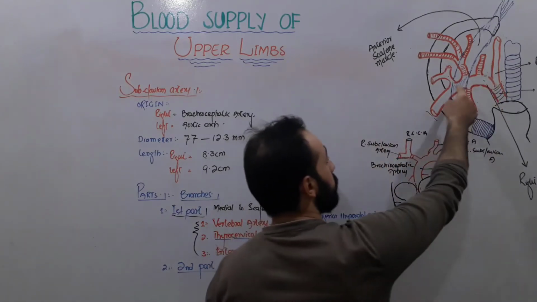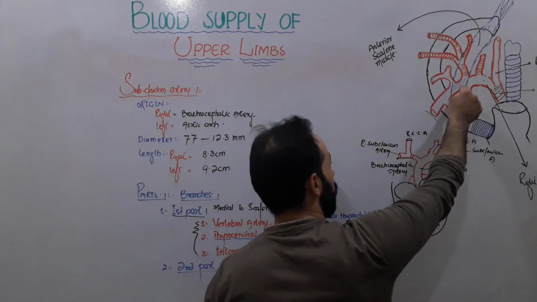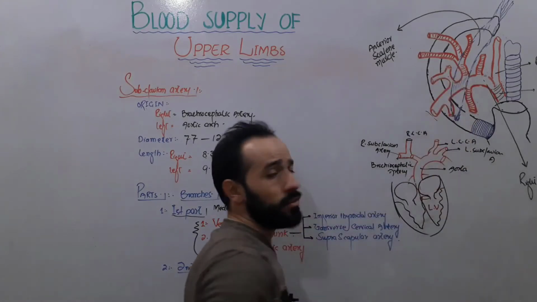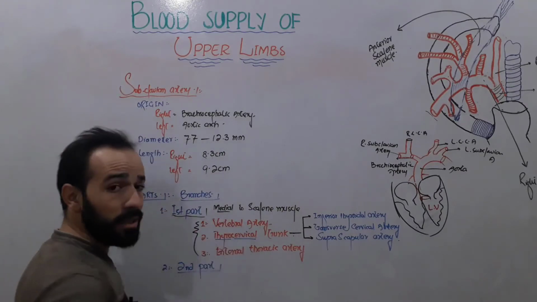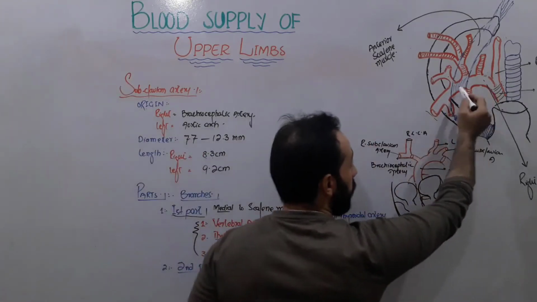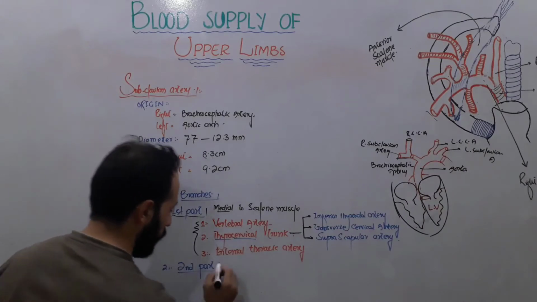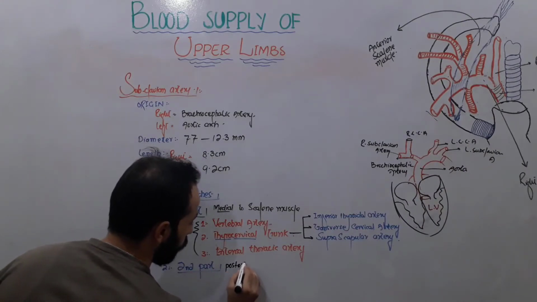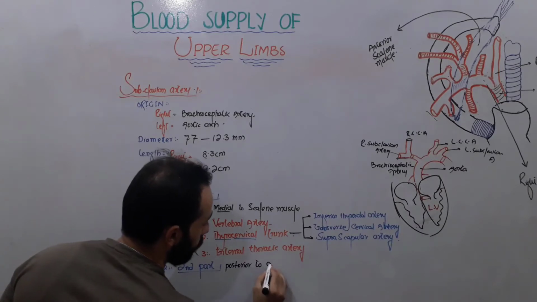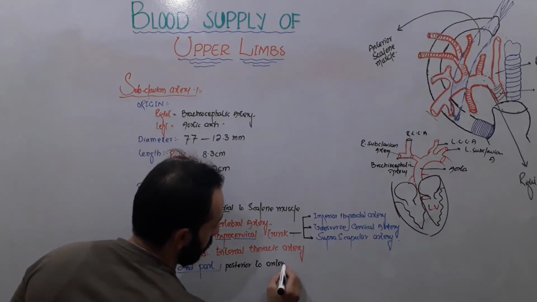So this second part of this artery is posterior to this anterior scalene muscle. The first part was medial, you can see here, and the second part is posterior. So let me write here, the second part lies posterior to anterior scalene muscle.